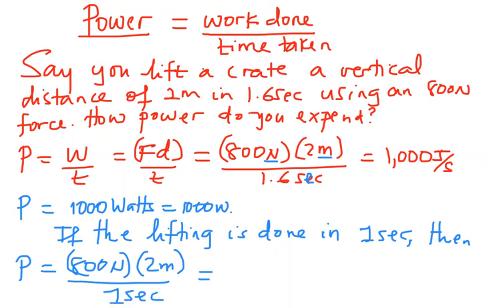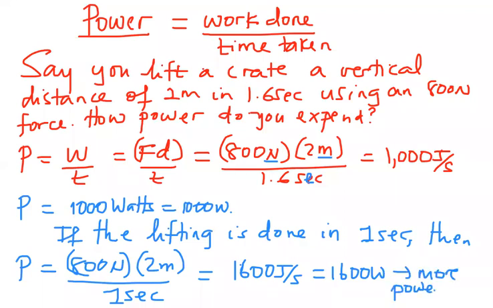You're going to see that the power here will be 1,600 joules per second. So actually more power. In other words, 1,600 watts. And that's more power. So it has to do with time. If you do work fast, then more power will be expended. If you are slow in doing the same amount of work, then less power is expended.